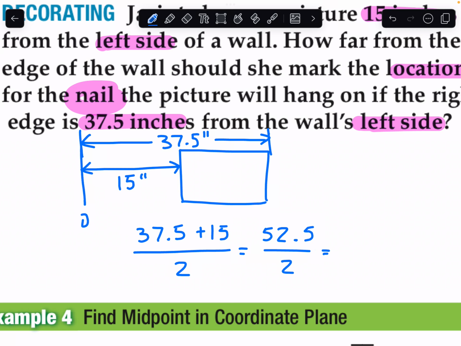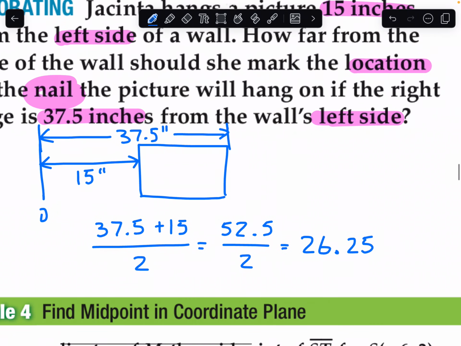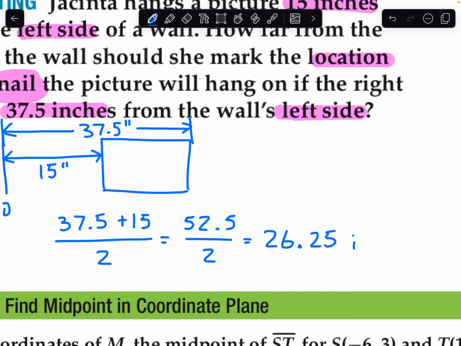Half of 50 is 25, half of 52 would be 26, half of a half is a quarter, so 26 and a quarter. This is a word problem, so we must include units. 26.25 inches.